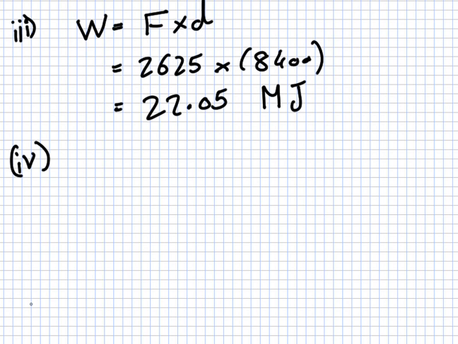So they're saying here that 1 litre of petrol has 32 megajoules of energy in it. Determine the rate of fuel consumption in litres per second of the car as it travels at a constant 28 meters per second if the total efficiency of the engine is 30%. So what they're saying is how much fuel is used per second if the car is 30% efficient.